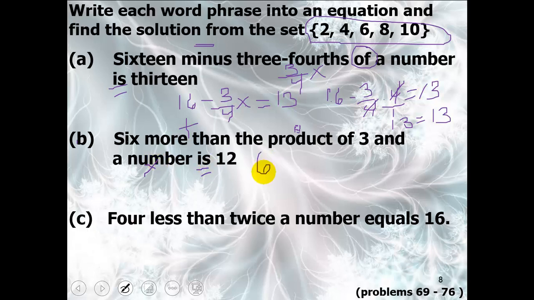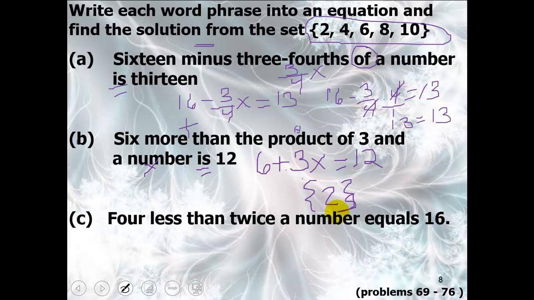So 6 more than the product of 3 and a number is 12. What do I have to add to 6 to get 12? I have to add 6. So what do I have to multiply 3 by to have this be equal to 6? 2. So the solution is 2.